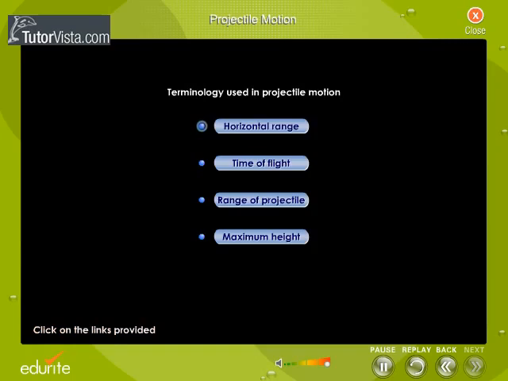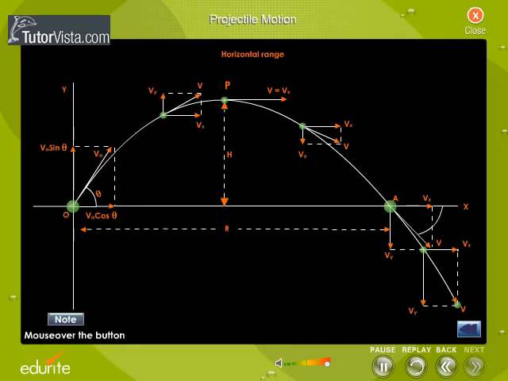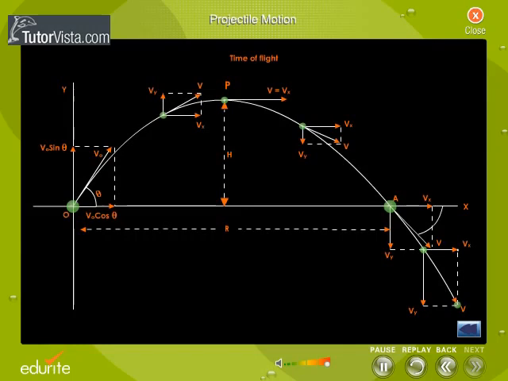Horizontal range. The distance from the point of projection to the point where the projectile strikes the horizontal plane is called the horizontal range. It is denoted by the letter R. Time of flight.